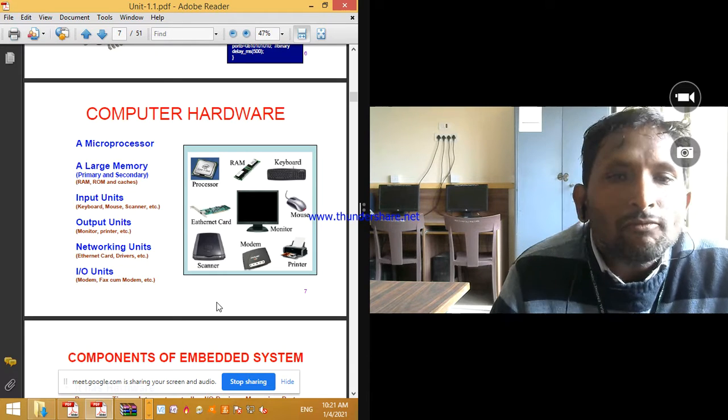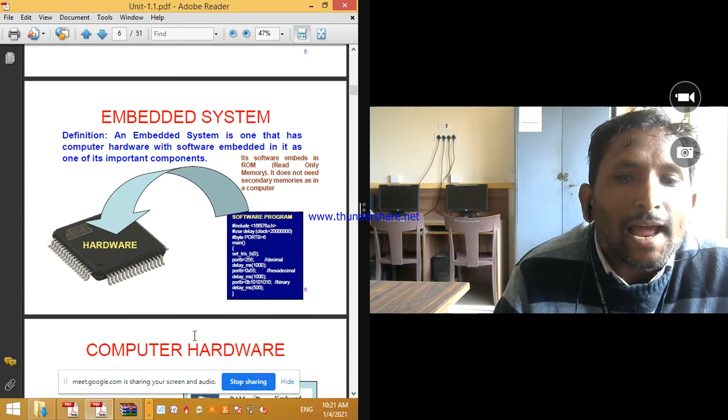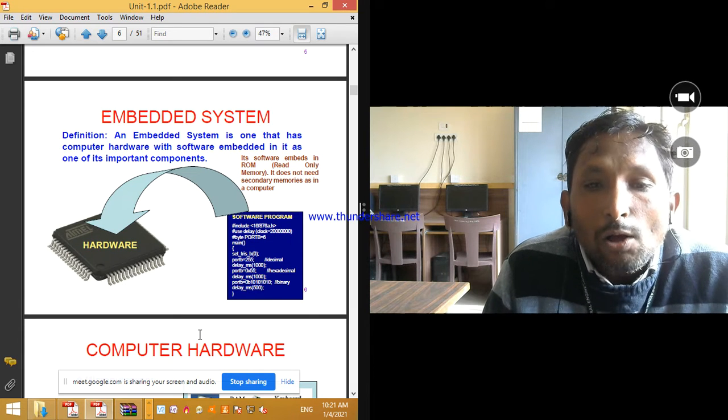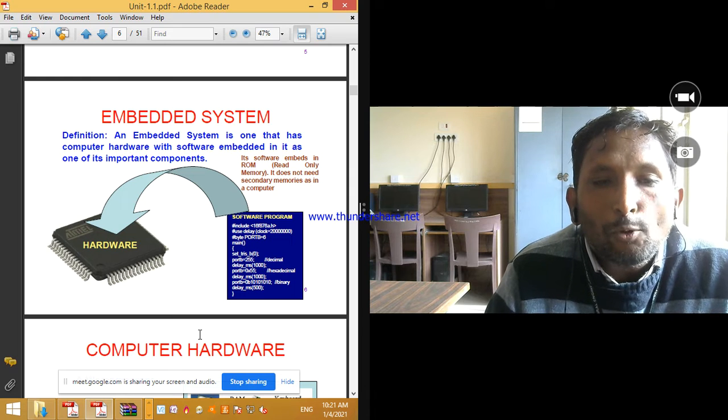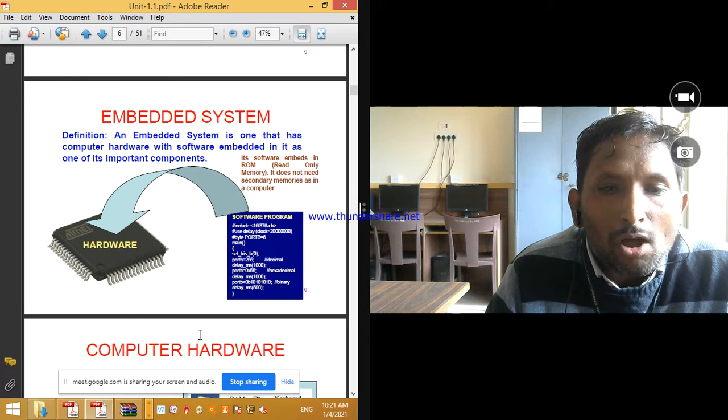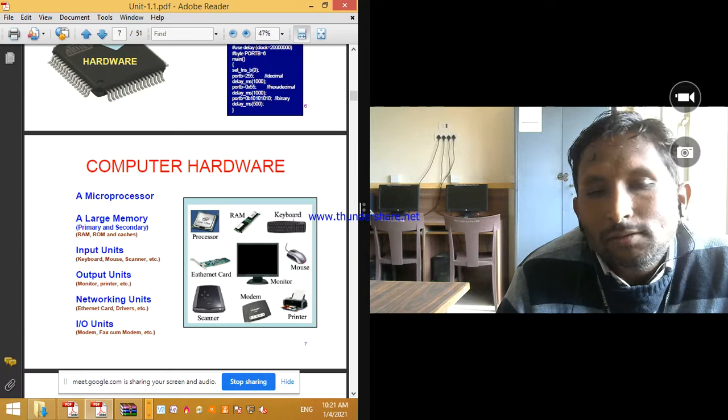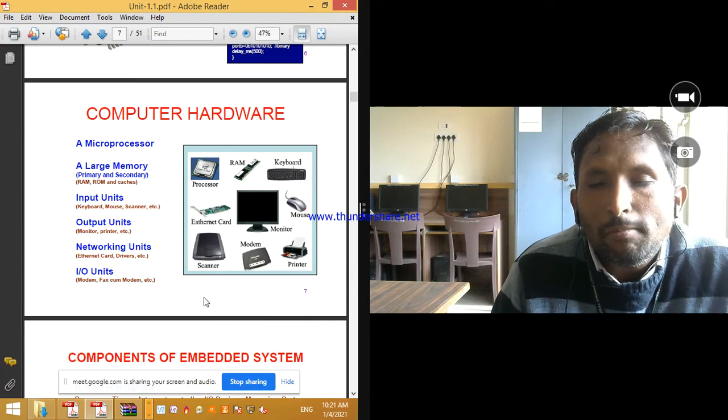After that we have seen one image which shows how the embedded system works: the software program comes into the ROM, and according to RAM the system gives the information and the system works.